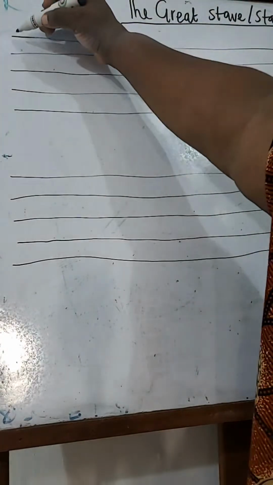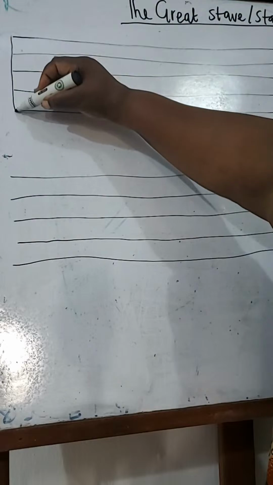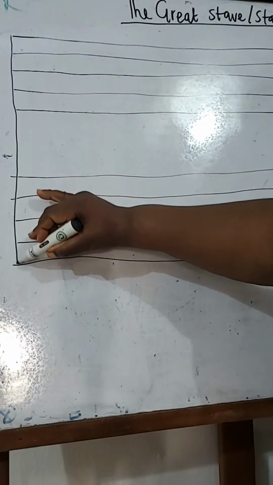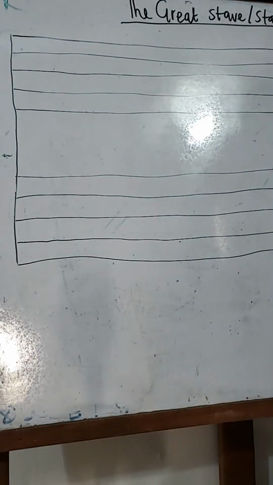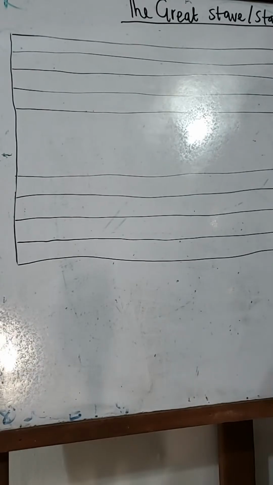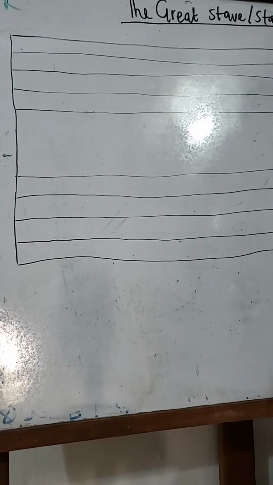Before that, we have to close it up at the left hand side from the top to the bottom, because it is the combination of both staves forming one stave. Now at the extreme end, we are going to put the double bar line.